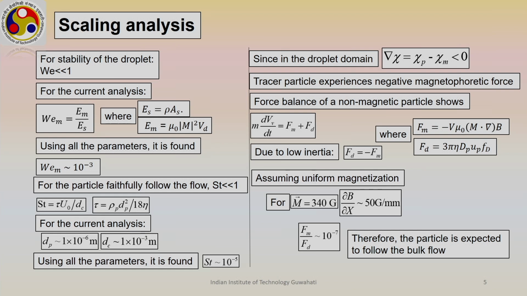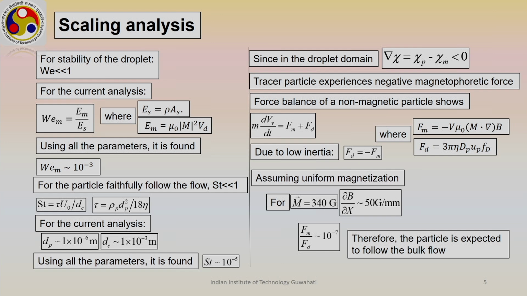And finally, again here we need to ensure that the magnetic particle will try to follow the bulk flow. So the first case, this is another important thing. When we switch on the magnetic circuit, a magnetic field will be induced, and because of this magnetic field particles will try to move.